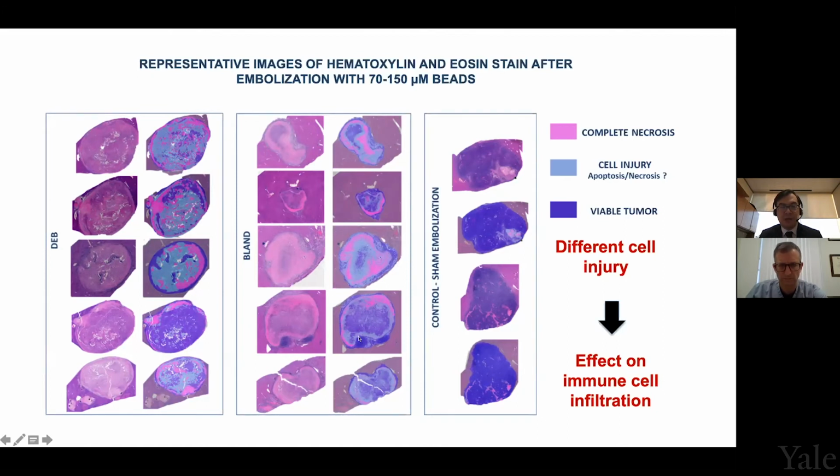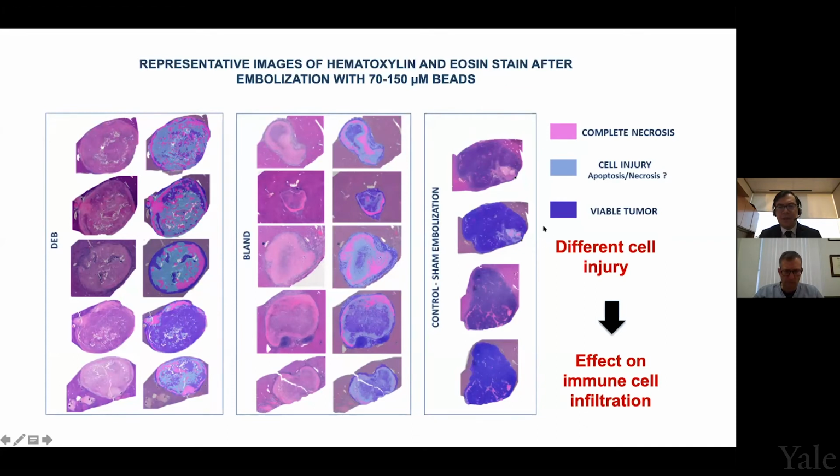And we do see nodules that seem to survive the bland embolization. And I think that is a good reflection of what we've seen in clinical practice when you do CT after some of these embolizations, and you see these mural enhancing nodules that persist. And when you look at the H&Es on the drug side, it is less. We do see less of that rim. I mean, it's just an observation.